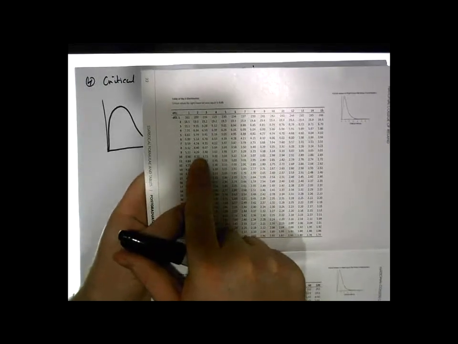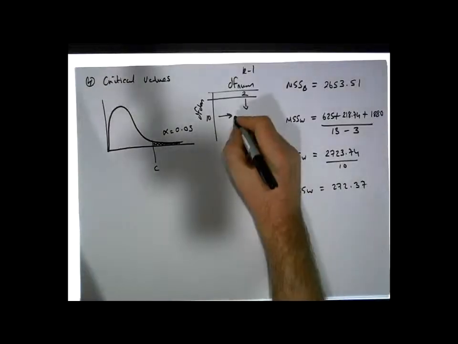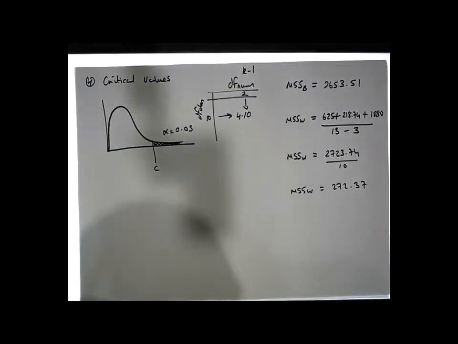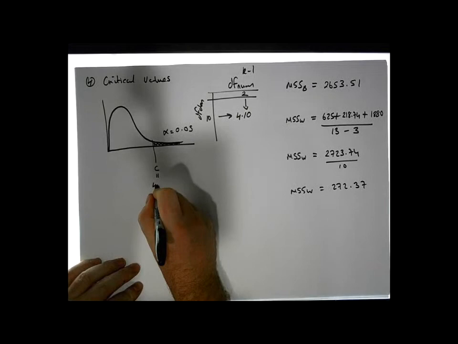And what we actually get here is 4.10. So effectively, this critical value is equal to 4.10.